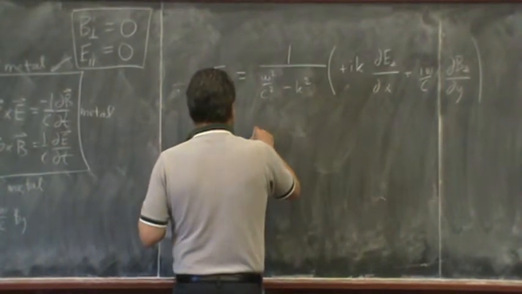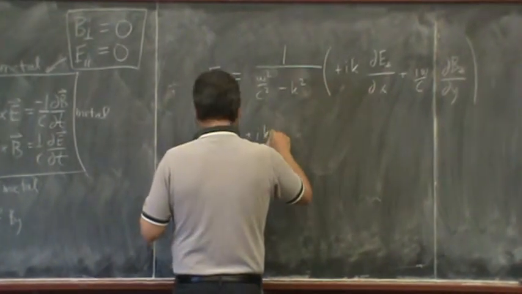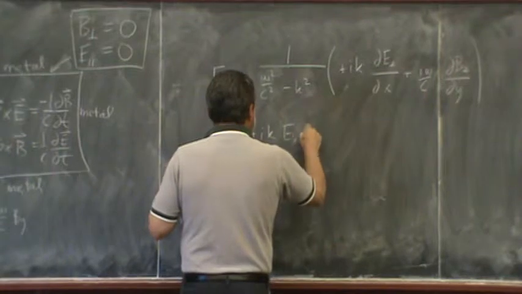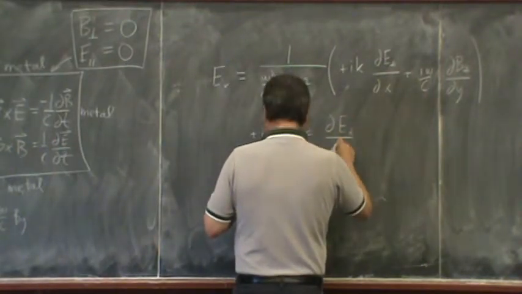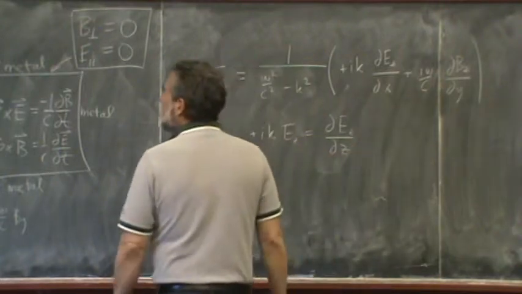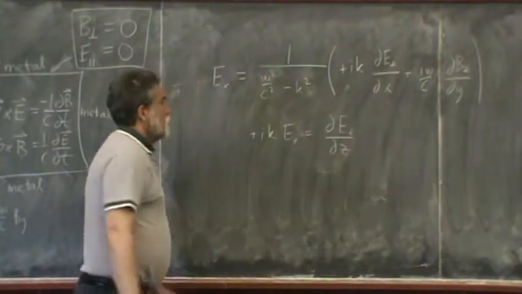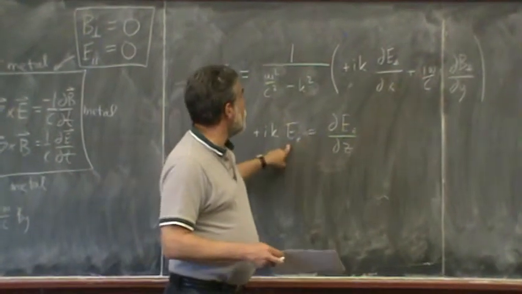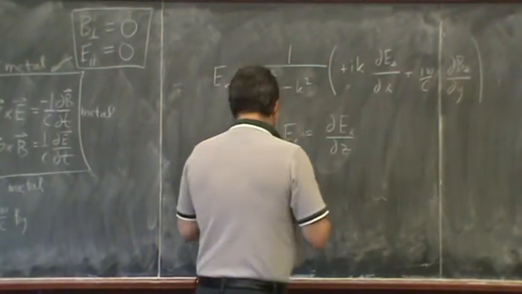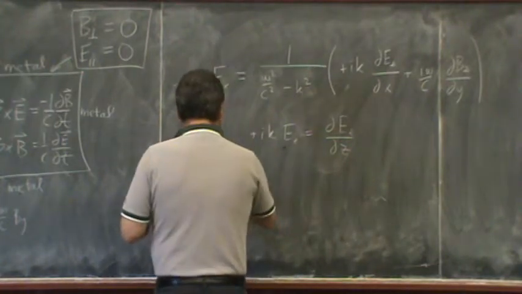I can use, for that direction of propagation, ik Ez equal to dEz/dz. So that means I can make substitutions in here for Ez, and I end up with this.